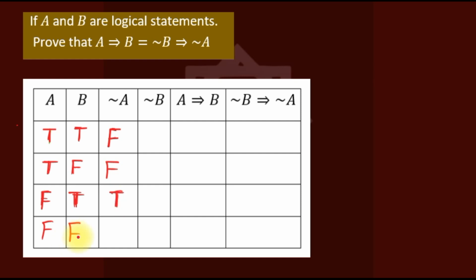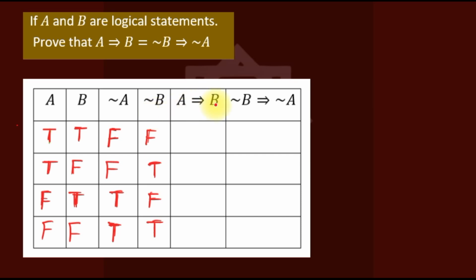So coming to B, the same thing, the opposite. So if this is true, this one will be false. False, true, true, false, false, true. So we are done with negating A and B.